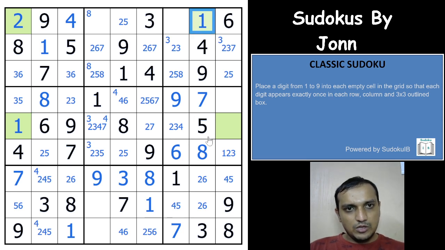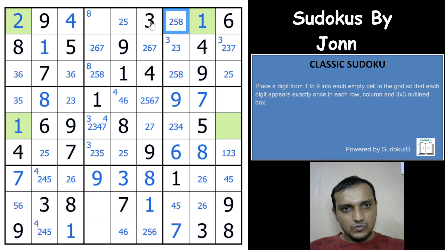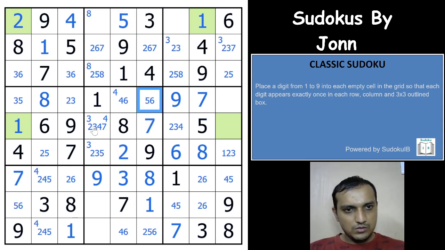This cell would have to be a 1. 2, 5 and 8, right? Is there anything we have? No, not 2, 5 and 8. We already have a 2 here, so this would have to be 5, 2, 7. This cannot be a 7, 2, 5 and 6.